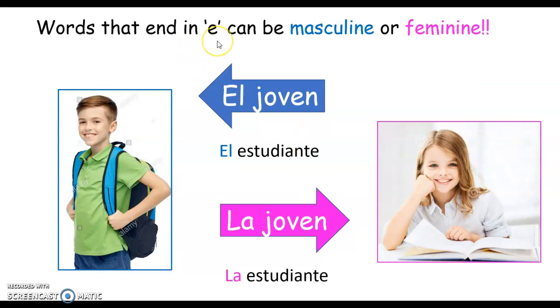Words that end in E can also be masculine or feminine. El estudiante, la estudiante. And some other words that end in a consonant, sometimes it could be either, or sometimes it's just masculine. You just have to memorize it. El joven, la joven.